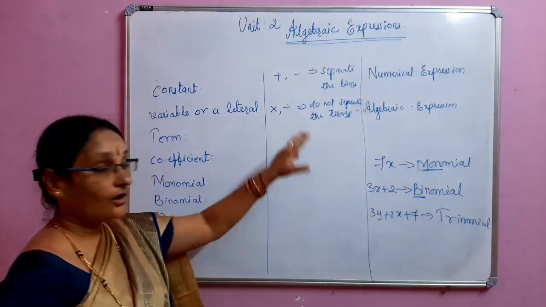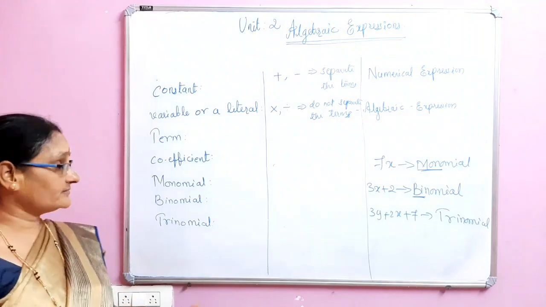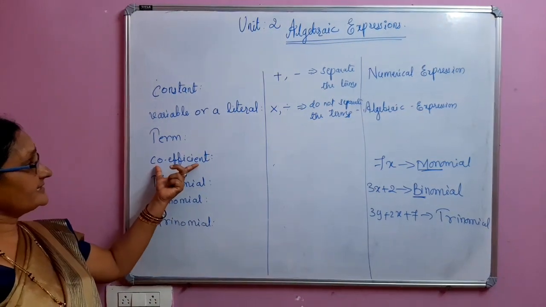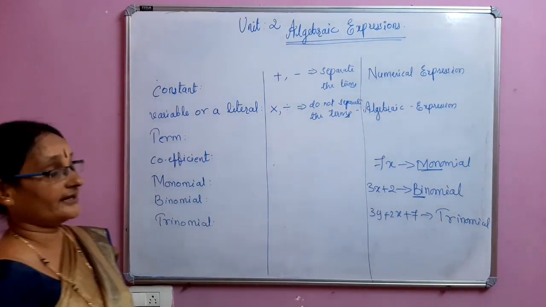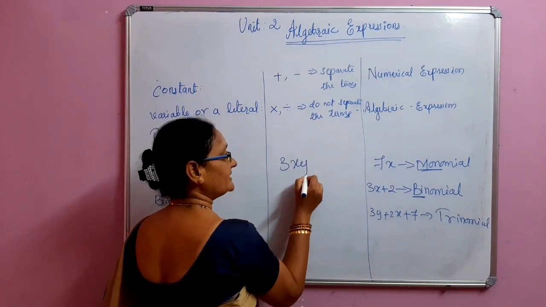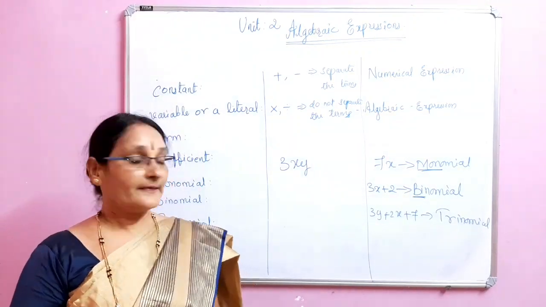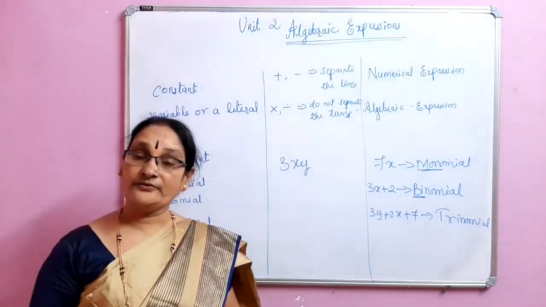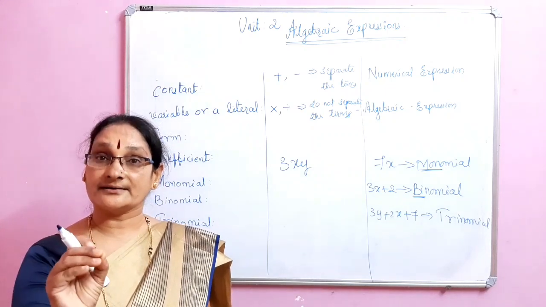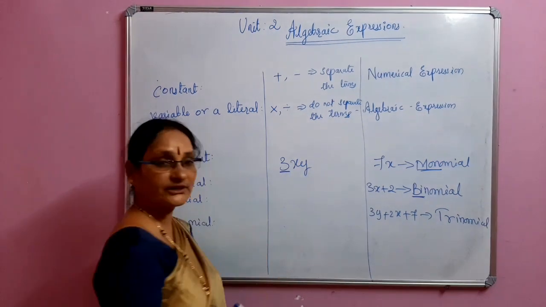This is all about algebraic expressions, the needed things we have learnt now. In between, I left out coefficients. You know that 3xy is an algebraic term. In this, what is the numerical coefficient? Numerical means number. Here the numerical coefficient is 3.